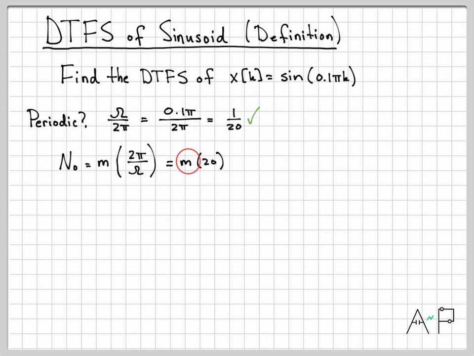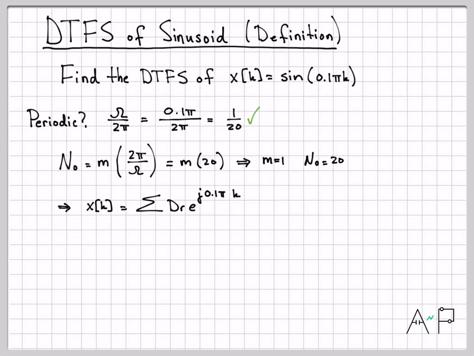Then we find the smallest integer m such that this product is an integer. Well, in this case it's almost trivial, because when m is 1, 1 times 20 is obviously 20, which is an integer. So this sinusoid is periodic with period 20, which means its fundamental frequency is 2 pi over 20. So we now know its fundamental frequency and its period.